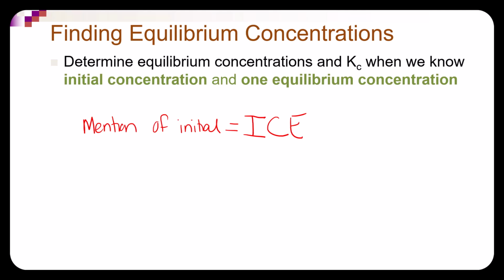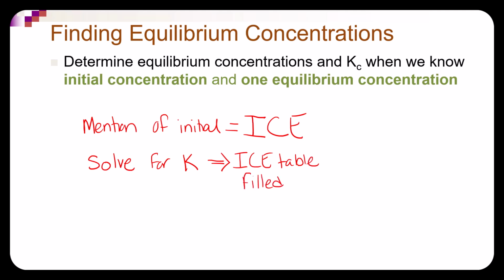For these types of problems, you are going to be asked to solve for K. So if there's mention of initial and then it says solve for K, you will have the ICE table filled with actual numbers.